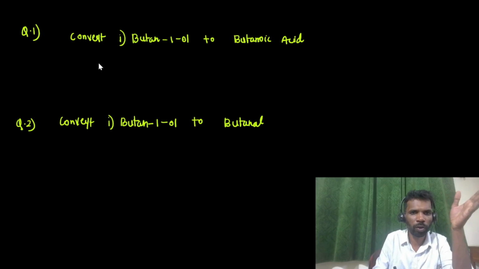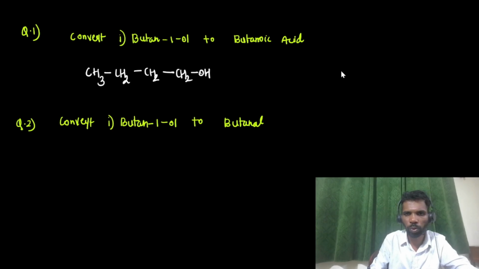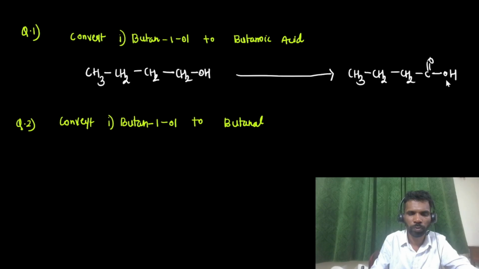Butan-1-ol is a primary alcohol if I write it this way, CH3, CH2, CH2, CH2OH. And you want to convert this to butanoic acid. That is this, right? So this is basically oxidation.